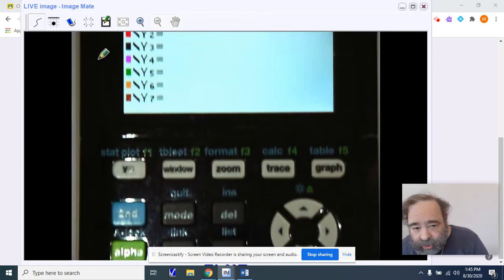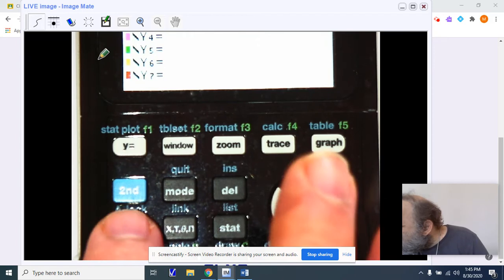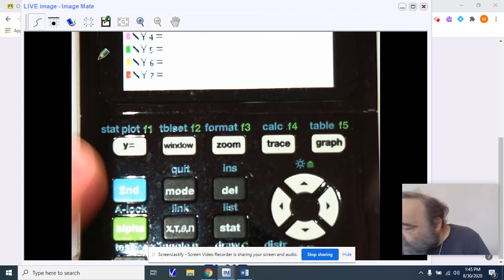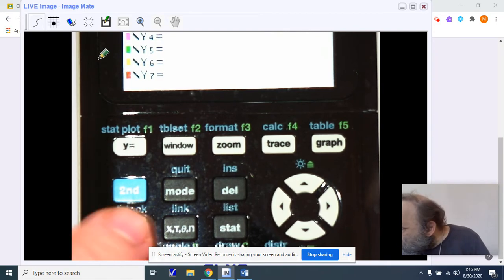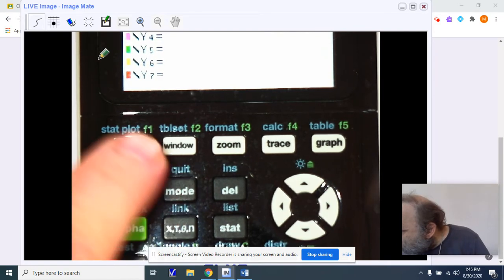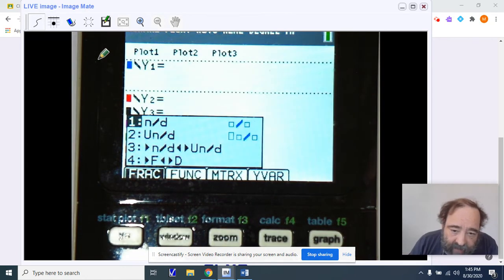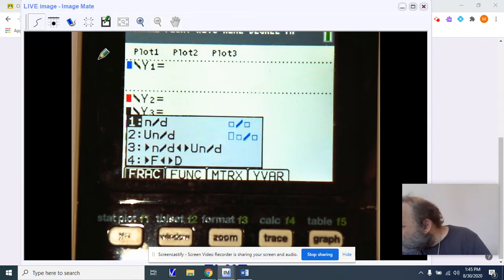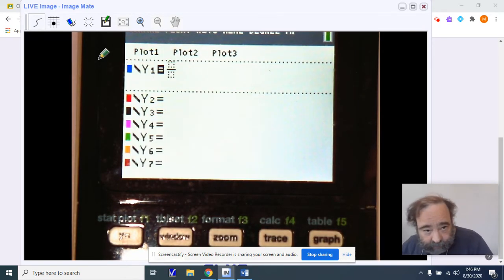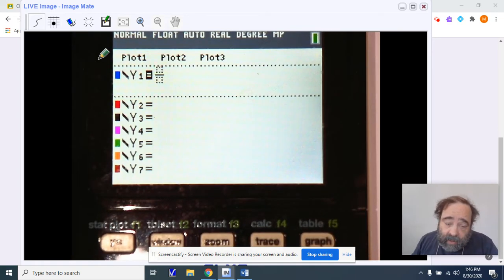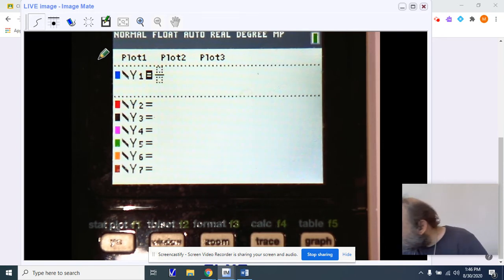If you punch the alpha, the green button here, and then y equals, you're going to see some options for fractions on your calculator. I want you to go ahead and select the first one, and it's going to allow you to have a fraction. For those individuals who have the older calculators, you're going to have to put parentheses around them.